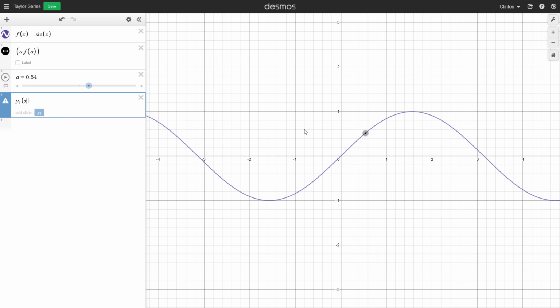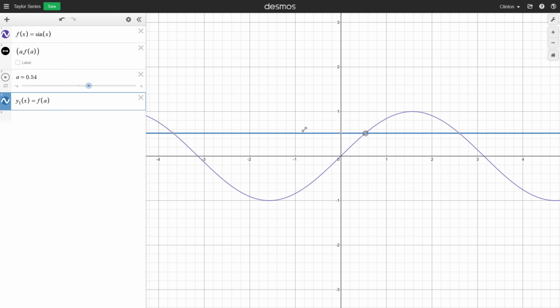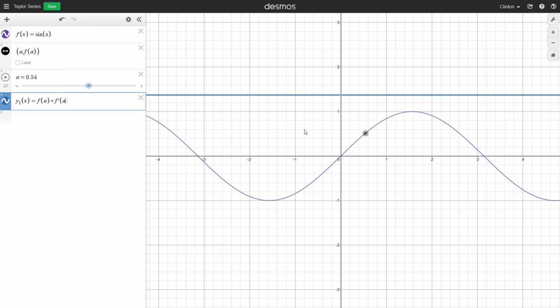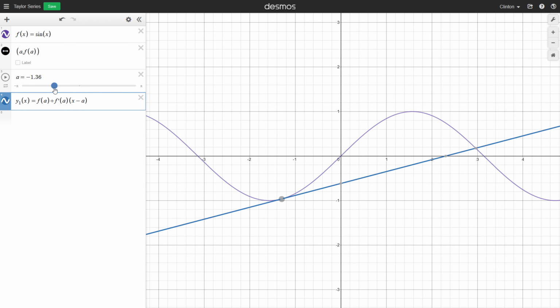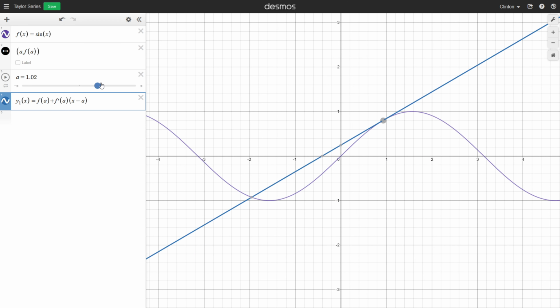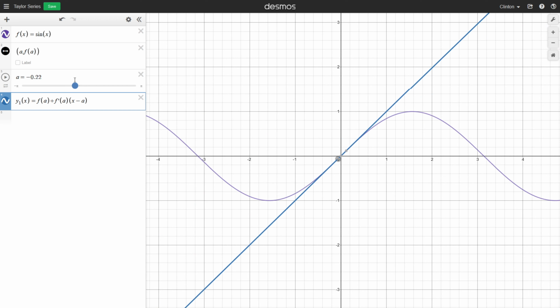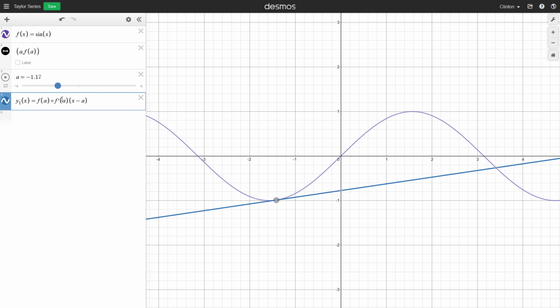So y1 will be a function of x, and we know that it is the value of the function at our value plus the derivative at our value times x minus a. That's the good old equation of the tangent line that we know from Calc 1. So we can slide this point around and we are matching the value.